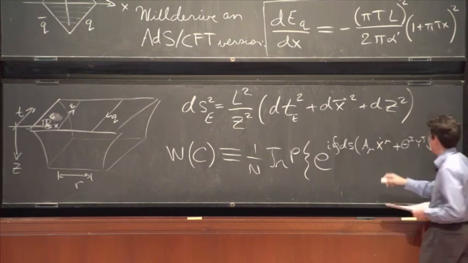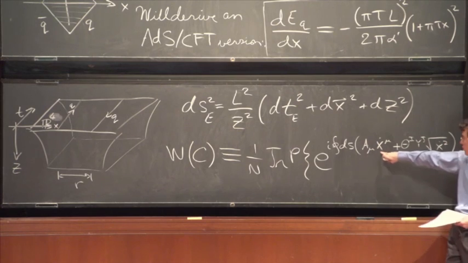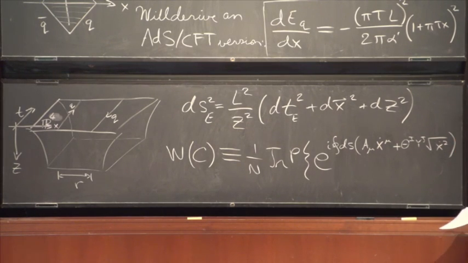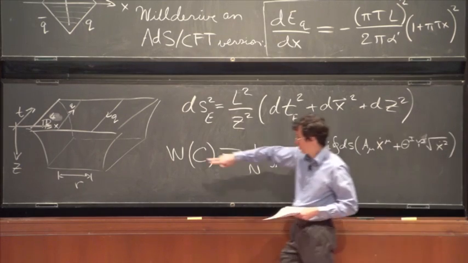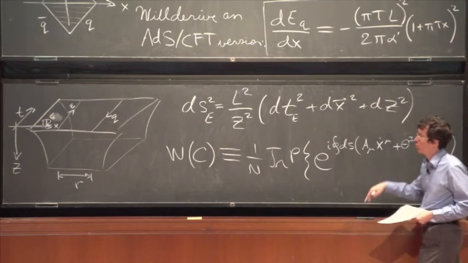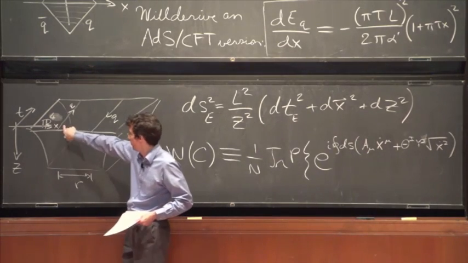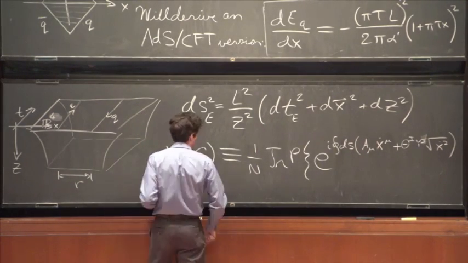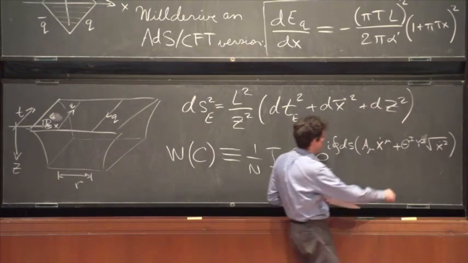Since I used x mu already to denote directions in the boundary space-time, let me use y superscript I to denote the adjoint scalars of N=4 super Yang-Mills, and then theta is an angle which characterizes, along with the charge of the gauge group, what's going on in this Wilson contour.